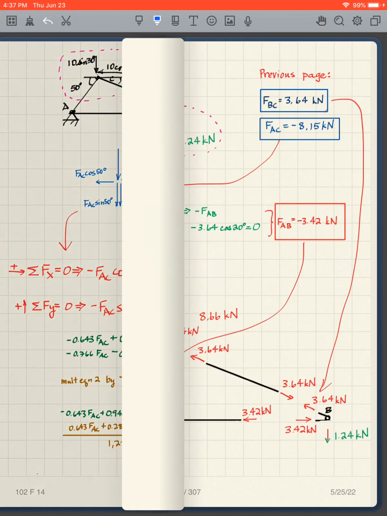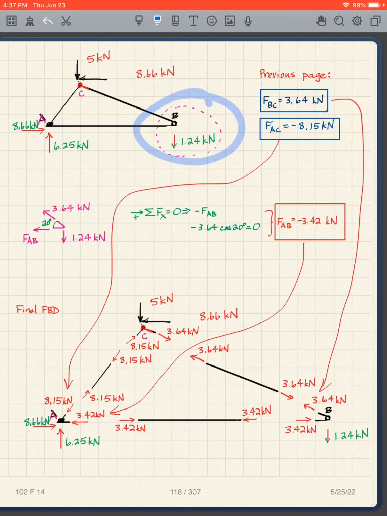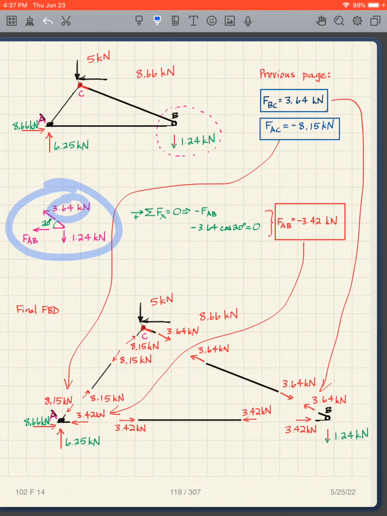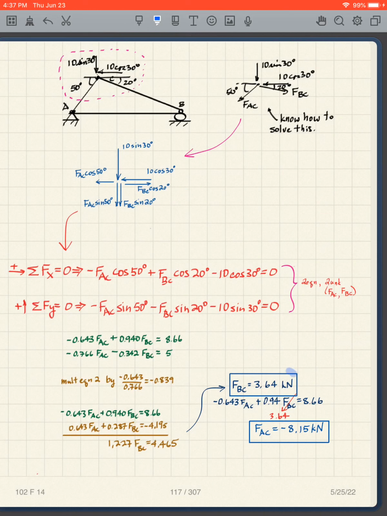I want to evaluate point B, so I'm going to take that free body diagram, and that's going to be that. Now, I already know what that is. That's 3.64. I figured it out. How do I know? It's 3.64 tension right there. So I know that BC is 3.64 tension. It's positive. It's tension.